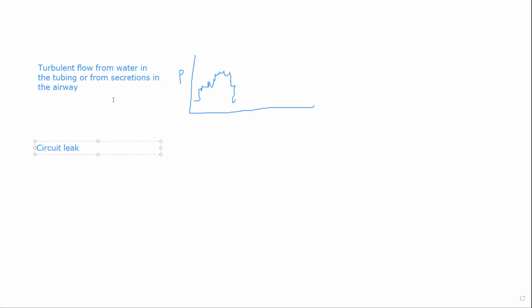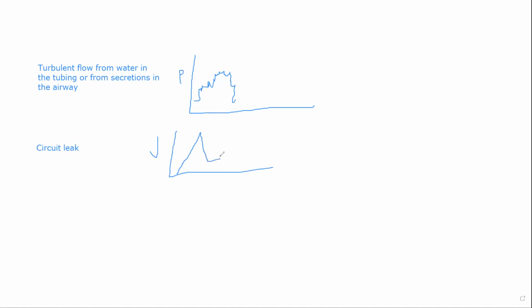If there's a circuit leak, what do you look at on the ventilator graphics to tell that you have a leak? Okay, so the volume time graphic. The air goes into the lungs, but not all the air comes back out of the lungs because there was a leak somewhere.